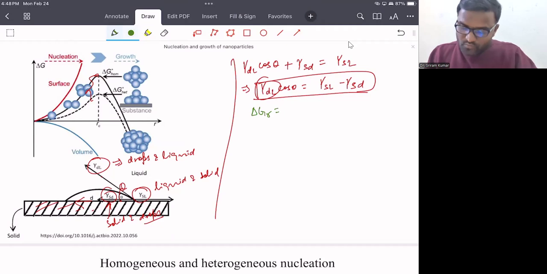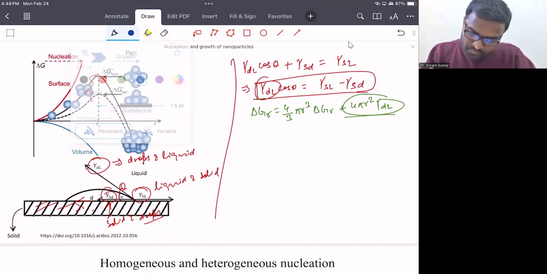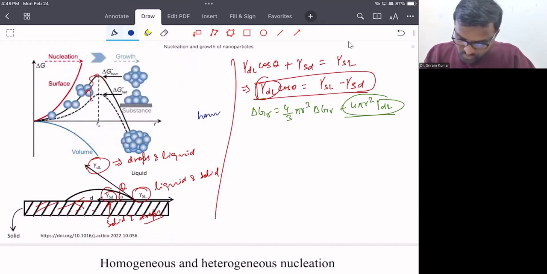If you put this value in the previous expression, the overall energy has the volume contribution, 4 by 3 pi r cube delta GV, and the surface term, 4 pi r square gamma DL. That was the previous surface energy, and now we have this new surface energy, so we need to modify. That was for the homogeneous process.